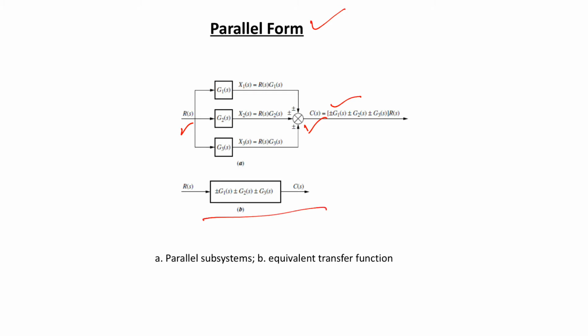Okay, so if we have three systems like that with the same input and the output algebraically added, then finally it can be represented by a single block having the input and output as given by this block.